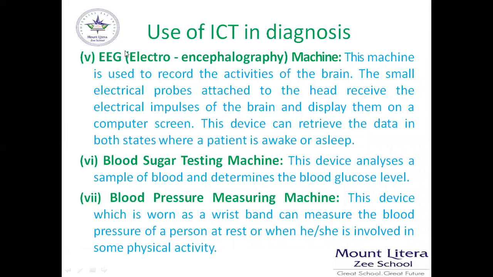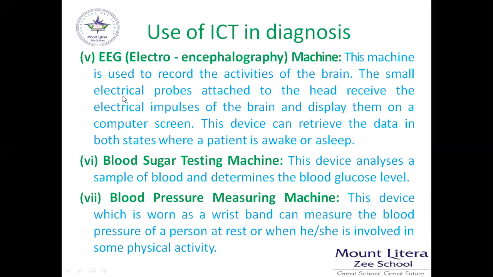Now the fifth one, under use of ICT in diagnosis, is the electroencephalography machine. This machine is used to record the activities of the brain, meaning for brain treatment we use this machine.